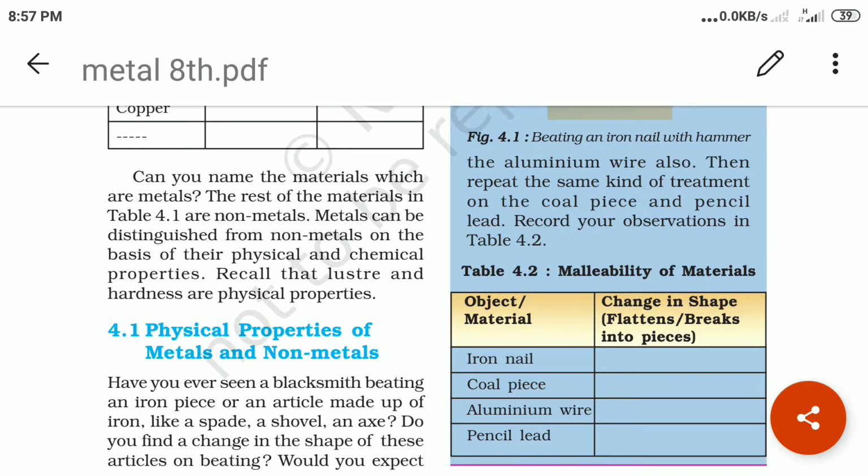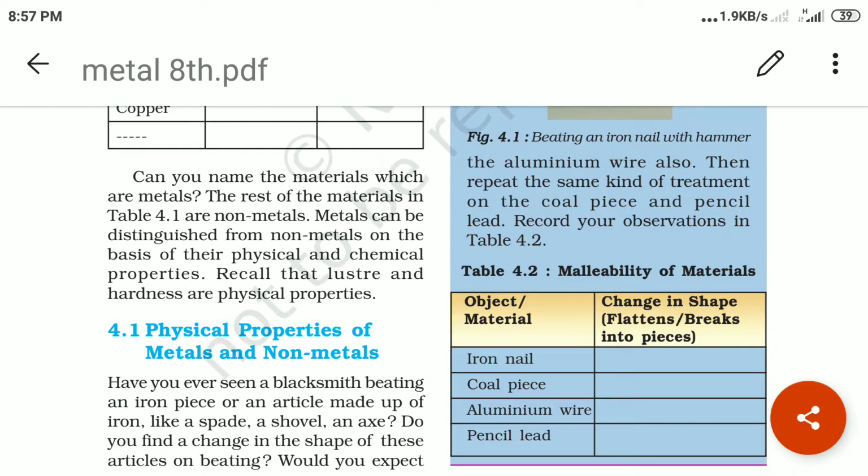Similarly, when we want to differentiate the metals, how can we check whether it is a metal or a non-metal? We find their properties.